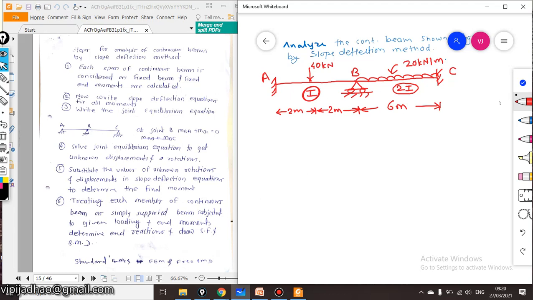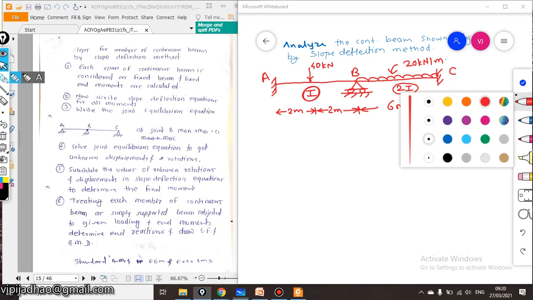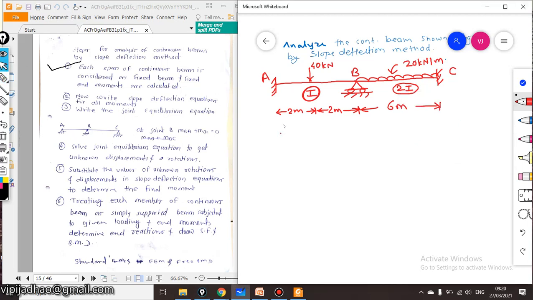So step number 1: consider each span of your beam as a separate beam and calculate the fixed end moment. So step 1, calculate fixed end moment. MFAB: the standard formula for calculating the fixed end moment for a beam subjected to point load is minus WL upon 8.